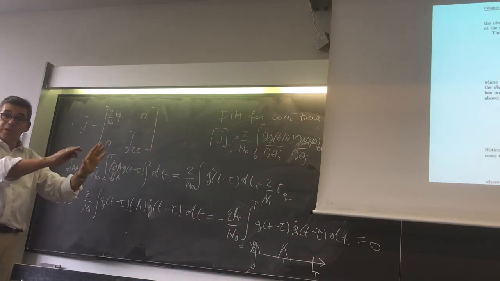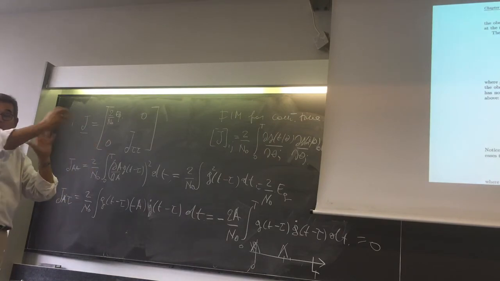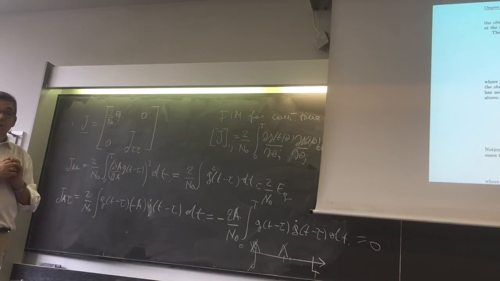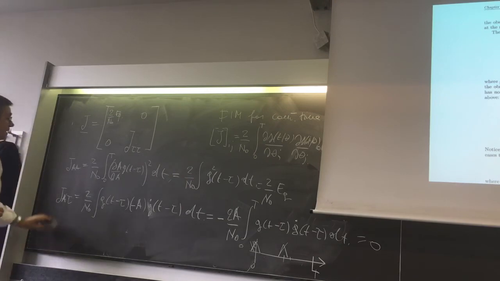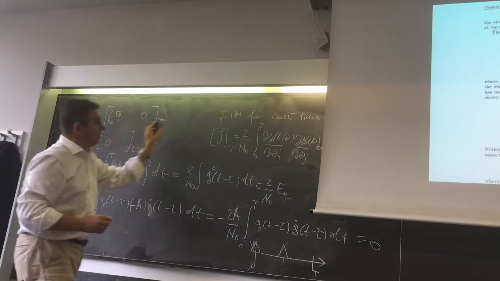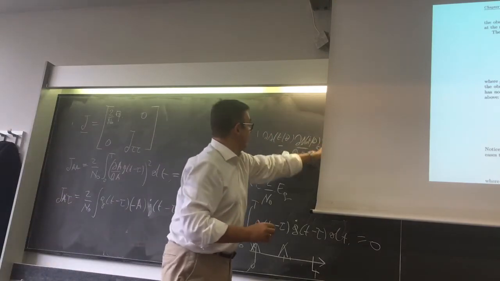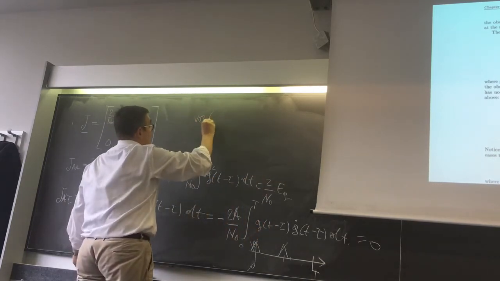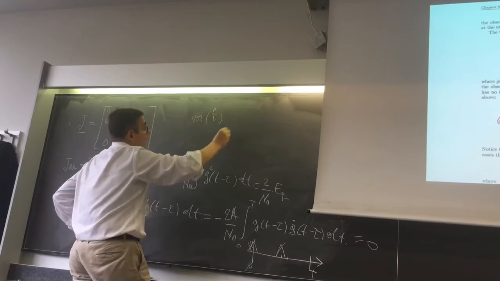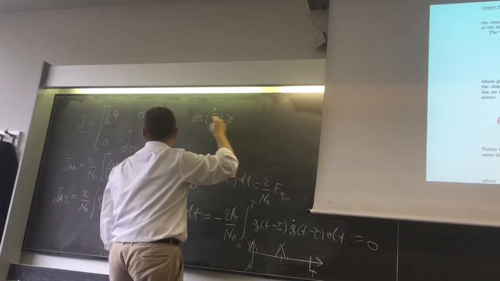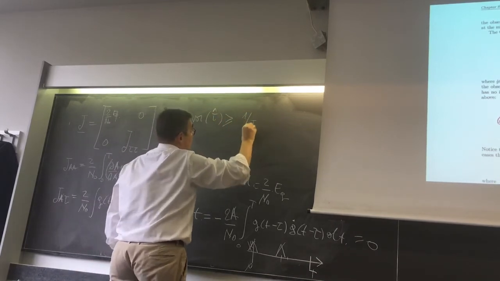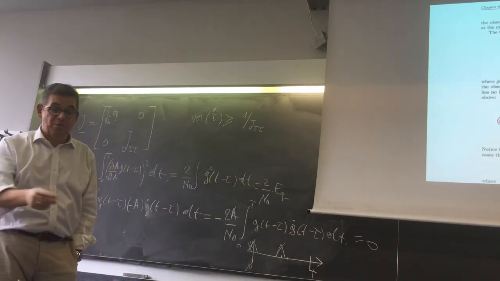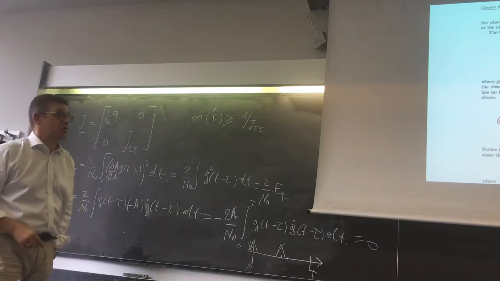So I'm using the property that we derived 40 minutes ago. The variance, or the Cramer-Rao bound, on tau is larger or equal to 1 over j tau tau. Here I use I tau tau, only because in the numerator I put j.